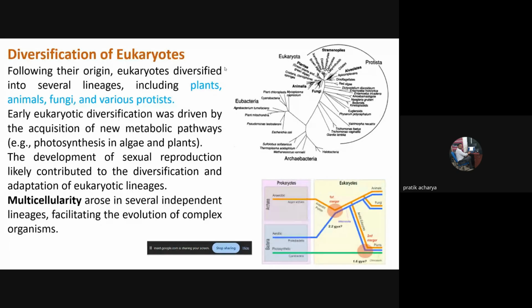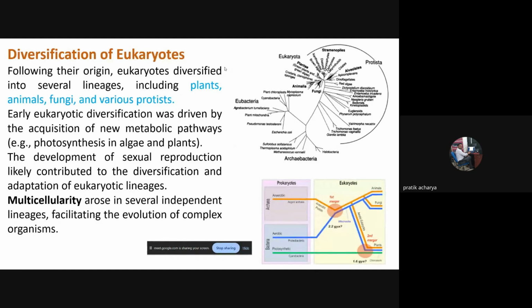Early eukaryotic diversification was driven by acquisition of new metabolic pathways. You might remember in yesterday's class, I discussed that the eukaryotic cells originated from the prokaryotic cells.